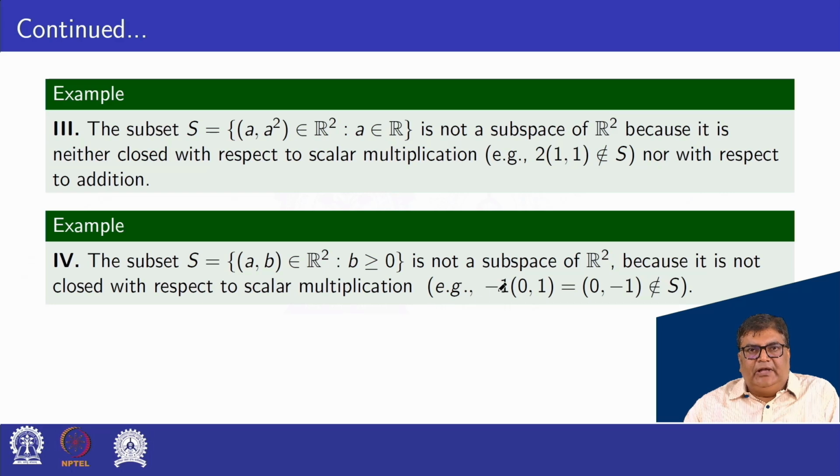Because minus 1 into (0, 1), we have (0, minus 1). This does not belong to S because here b is greater than or equal to 0, but here it is negative. So this subset is not a subspace of the vector space.